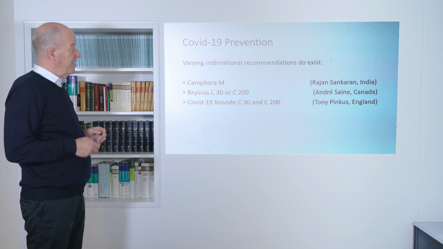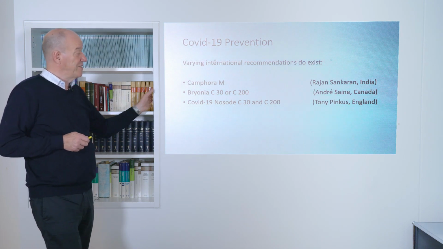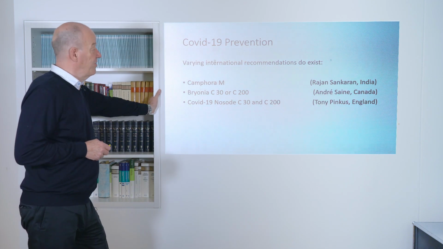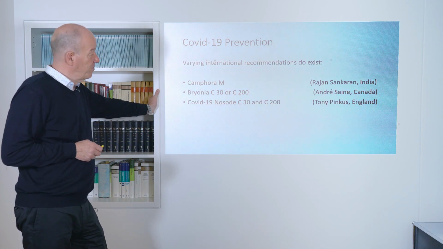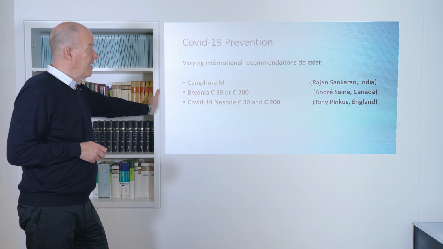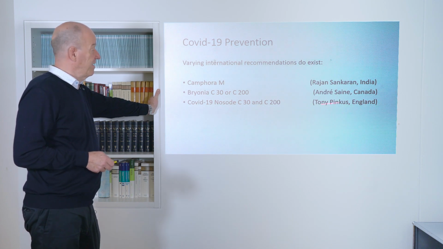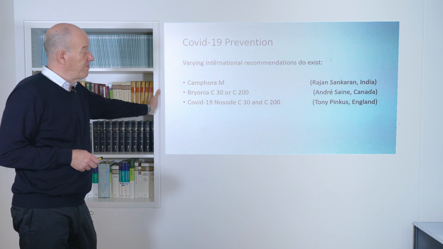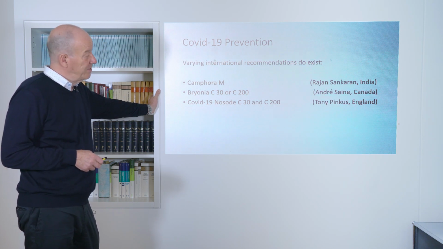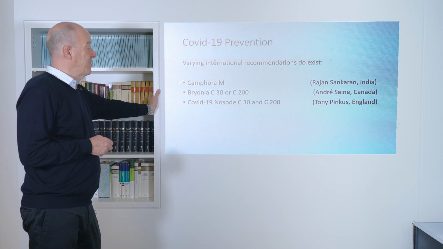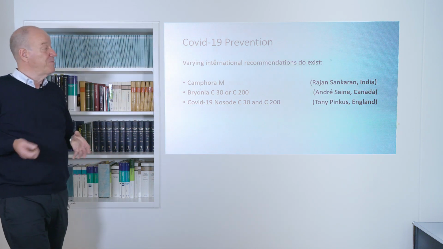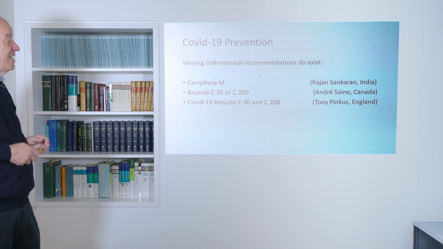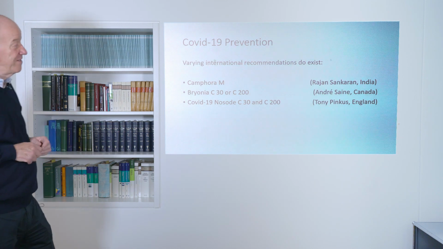André Sen from Canada recommends bryonia C30 or C200, also taken frequently. And Tony Pincus in England recommends the COVID-19 nosode C30 and C200. We actually use each of these recommendations individually, depending on the symptoms a patient normally displays.